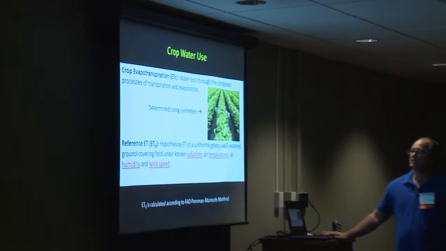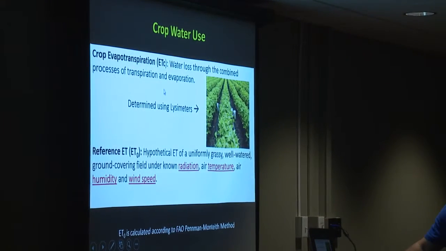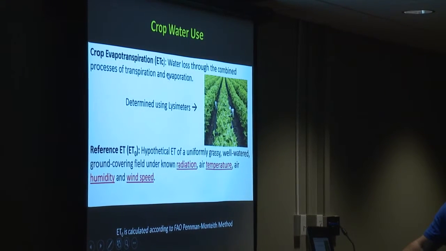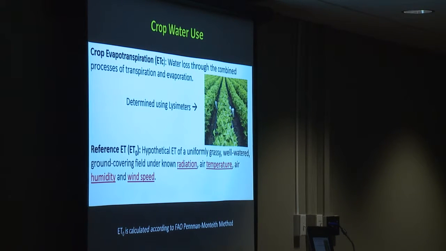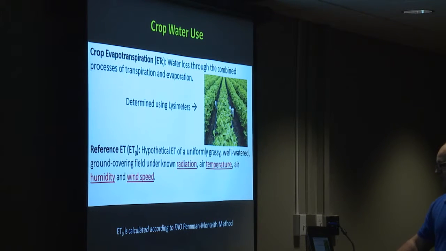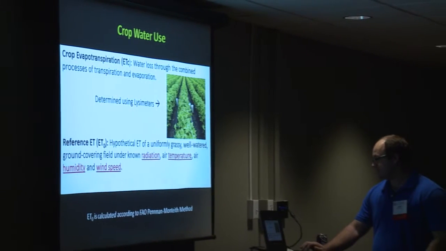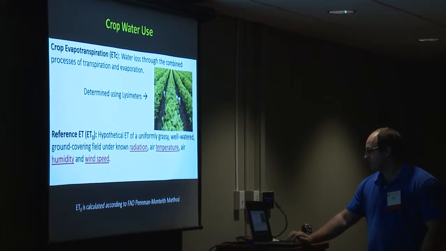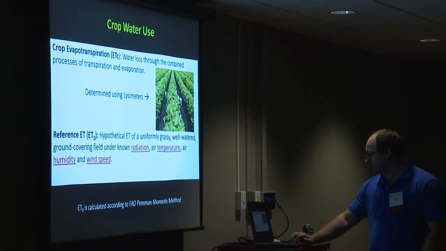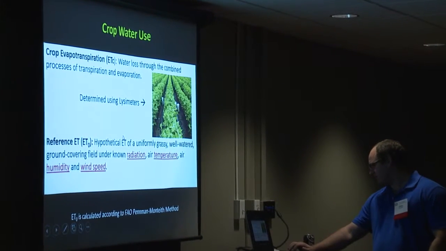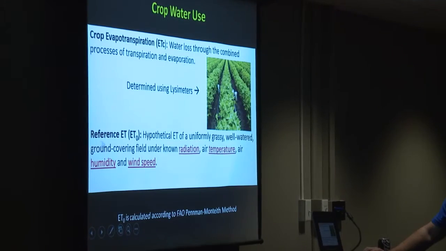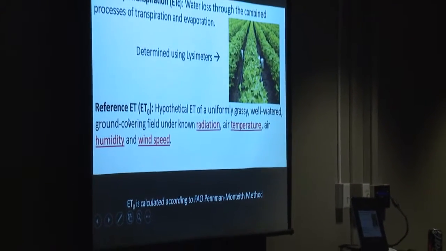Some more traditional approaches are aimed at defining crop evapotranspiration. And when we talk about that, that's transpiration, which is water loss from the leaves, plus evaporation from the soil. It's estimated in most of these irrigation scheduling apps, which you may hear about today, that may be going on at the same time as my talk, but most of this is scheduled using reference ET, which is calculated using weather station data.